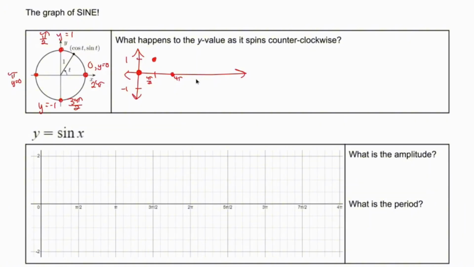Then we move along to 3 pi over 2, and at 3 pi over 2, we're 1 unit below the x-axis. Then we come back to 2 pi, and at 2 pi, we're 0 again. And then this process would keep repeating because it'd go up to 1, 0, negative 1, 0, 1, 0. So this would just keep repeating: dots up, down, middle, up.